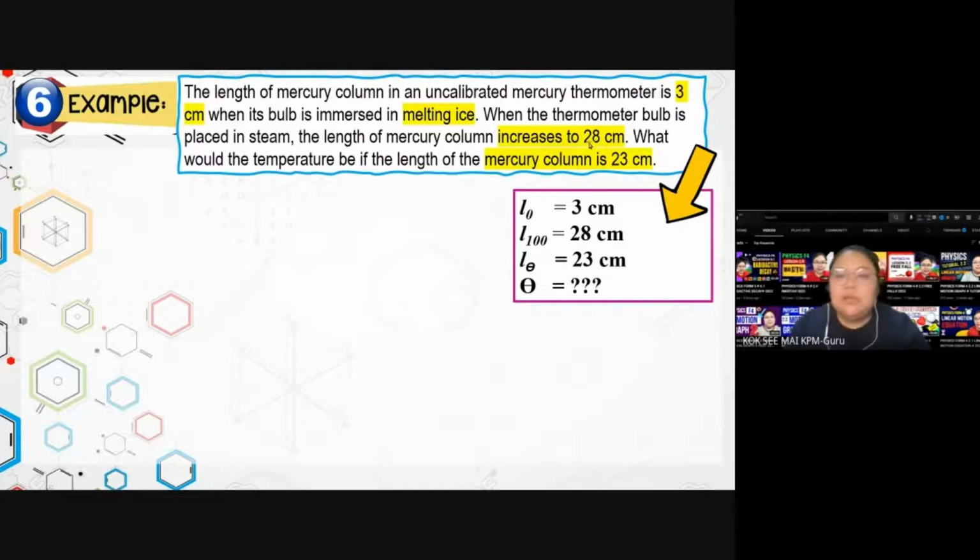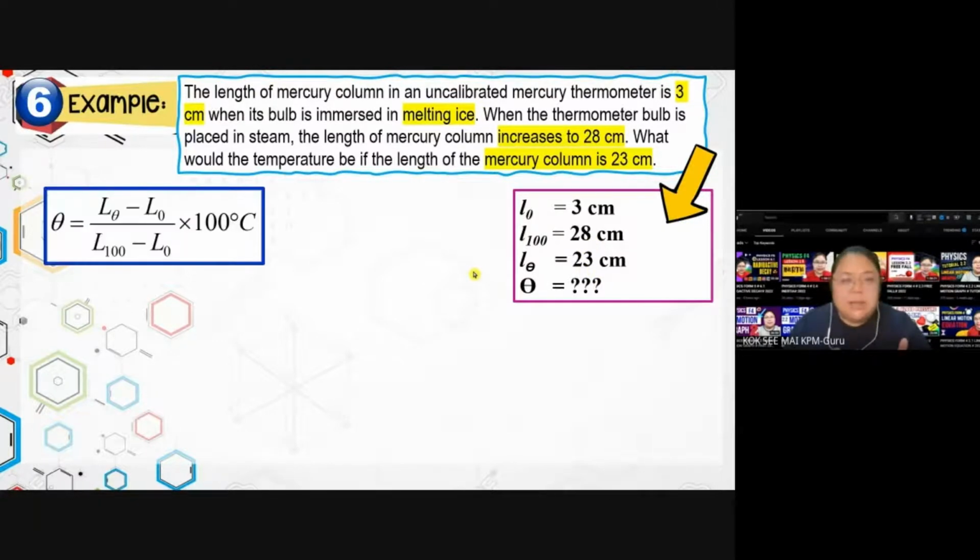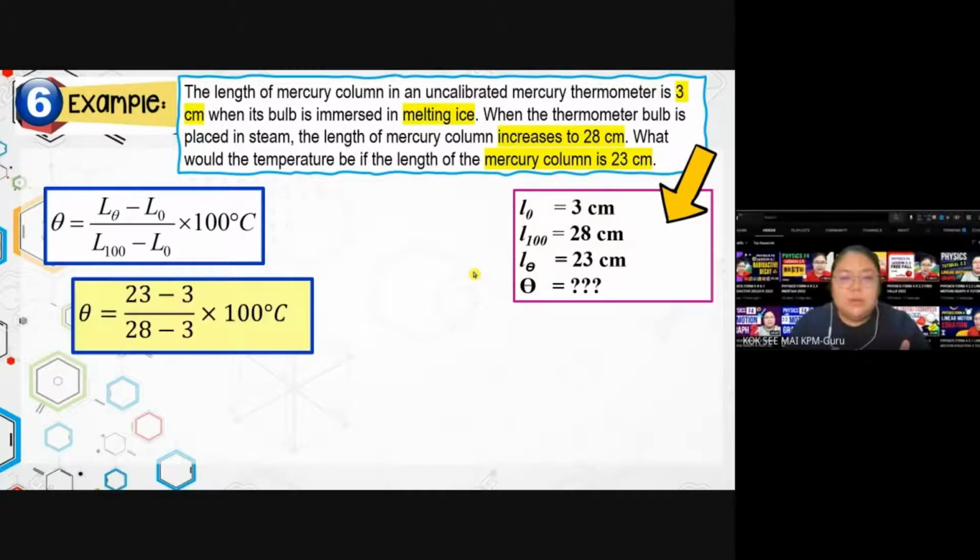So this one 28, including the 3. Start from 0, go up until 100. So it increases to 28, so we take it as 28 cm. Then after that, 23. Then the data. So we just put in all the things: 23 minus 3 over 28 minus 3, times 100. So I get 80 degrees Celsius.